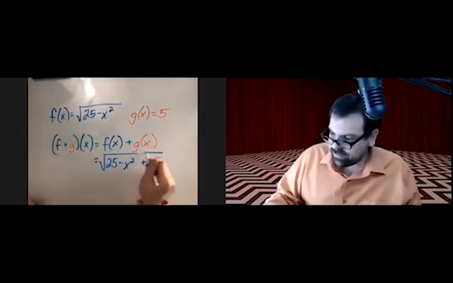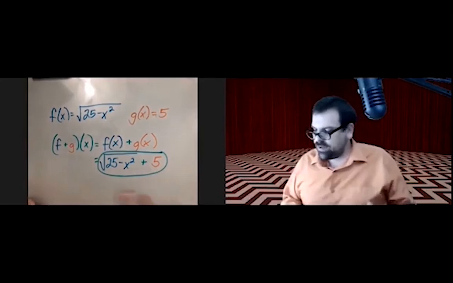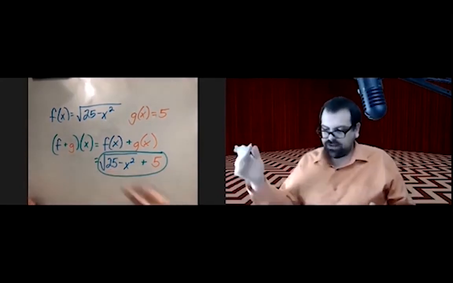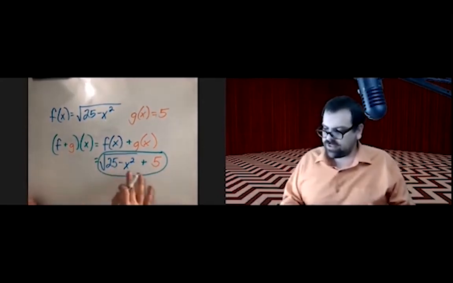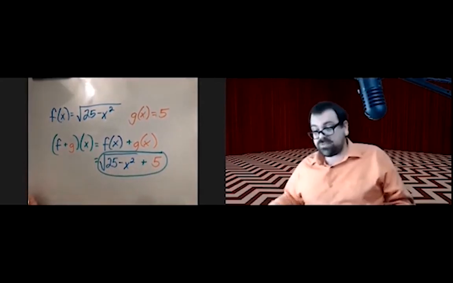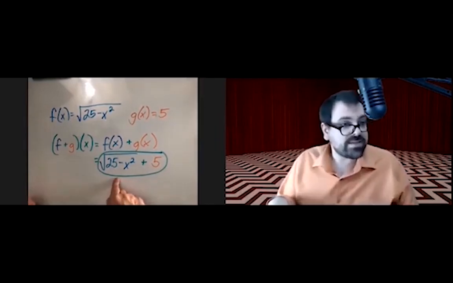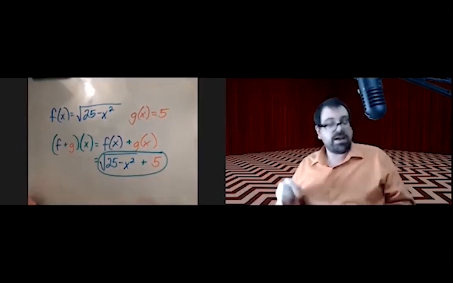And that's it. We can't combine that at all. The 5's not under the square root. We can't just take the square root of 25 when it's the square root of this expression. So that's as far as we can take it. That's the final answer. Square root of 25 minus x squared plus 5.